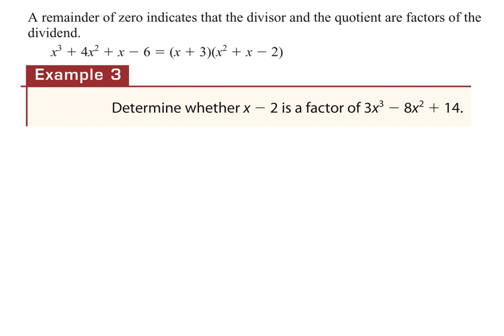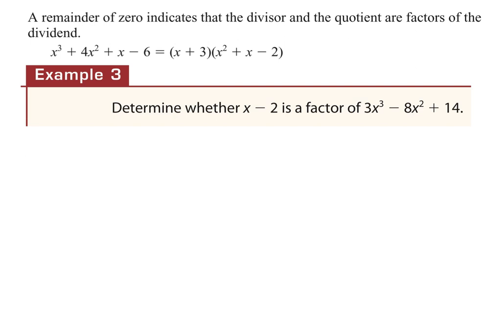And so having a remainder of 0 tells you you have a factor. If you get anything other than 0, it's fine. You divided, just like if you divided 22 by 3, you can divide it. But it also tells you you do not have a factor. So your remainder actually tells you some information about that particular polynomial and its relationship to what you're dividing by.